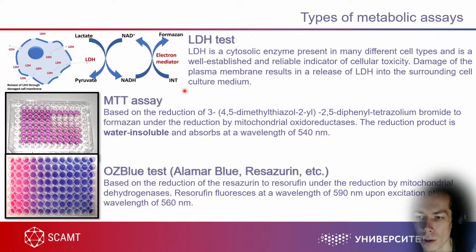But to understand what precisely happened, you need some fluorescent staining, some flow cytometry, some confocal studies, and so on. That's why it's good, it's a powerful instrument, but you cannot obtain a lot of information from this one.